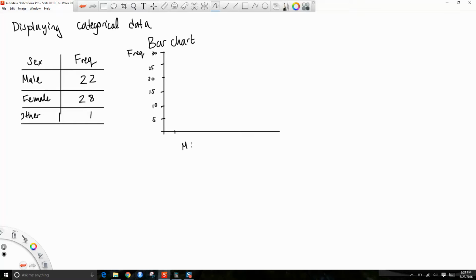So we've got male and female and other, okay. And then we just draw the bar as high as indicated on the number line, or the frequency, okay?